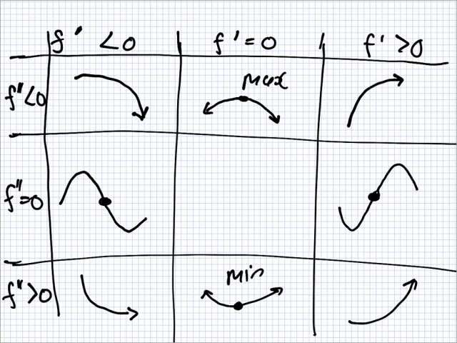Right. And lastly, the first derivative is 0 and the second derivative is 0. What do we have? A line? Because if the slope is 0... No. It's nothing? No. No information. Not that it's undefined or nothing.